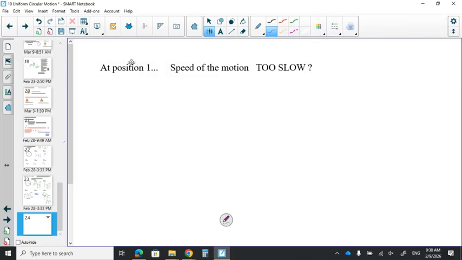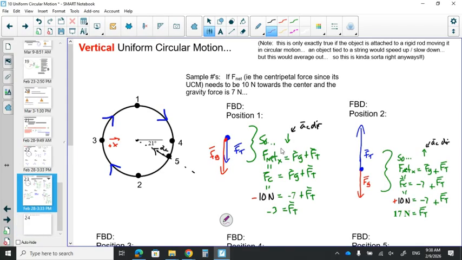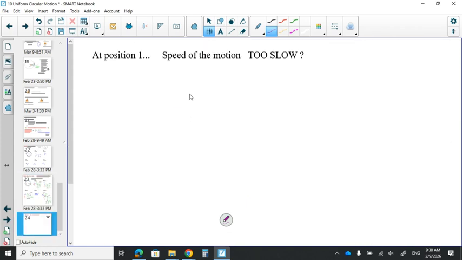So let's say, now I did it just in terms of forces here, right? So say we're going so slow that the centripetal force is only 5 newtons. So if you're going so much slower that the centripetal force needed is only 5 newtons, so Fc for uniform circular motion is only 5 newtons.